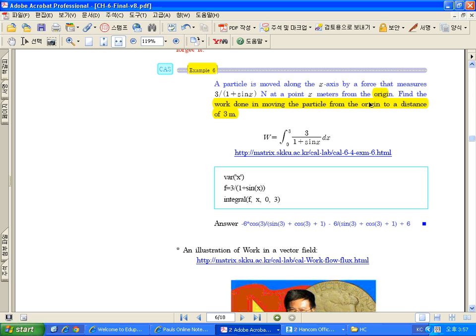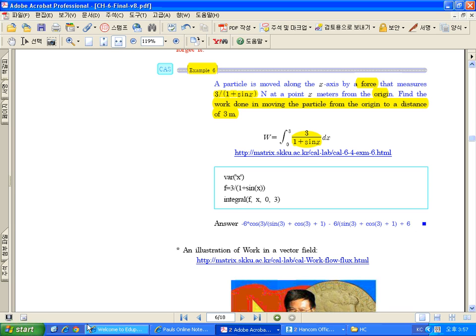So this particle moves from 0 to 3, and the force was given as this. So f of x is this, and W is the integral from 0 to 3 of f of x dx. It's like this. So we can easily compute this to get this.